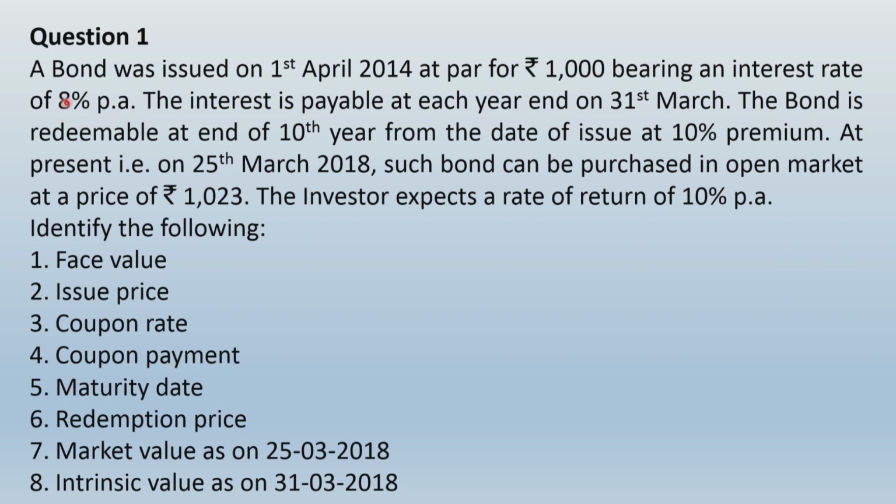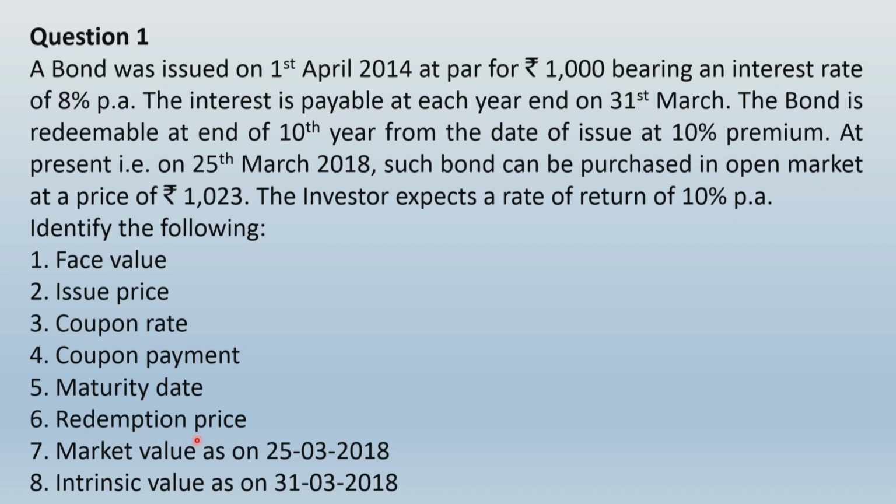Coupon payment is 8% of the face value or nominal value, so it will be 8% of 1000, that will be rupees 80. Then maturity date is the date that will fall due after 10 years from the date of issue. This is the date of issue. Adding 10 years to that, it will fall due on 31st March 2024.